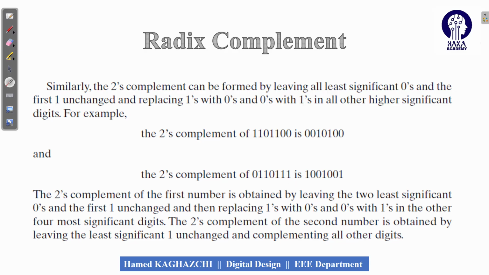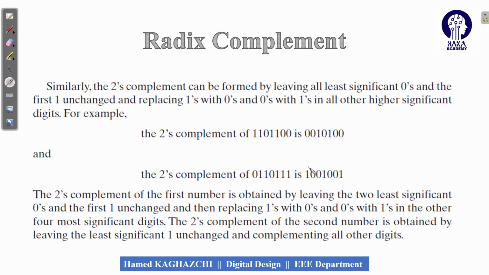So here we don't have any 0 on the right side, but the first one is unchanged, then you can see that we replace 1 by 0, 1 by 0, 0 by 1 up to the end. And this is the way of finding the 2's complement of the numbers. So why do we learn these two concepts?